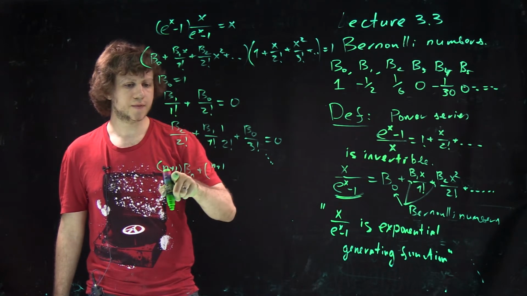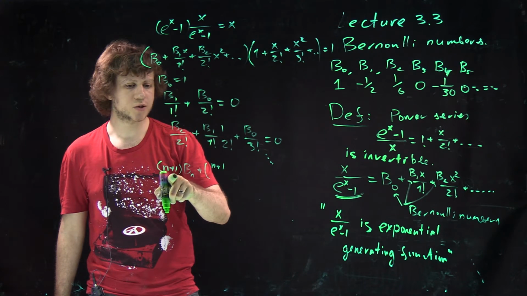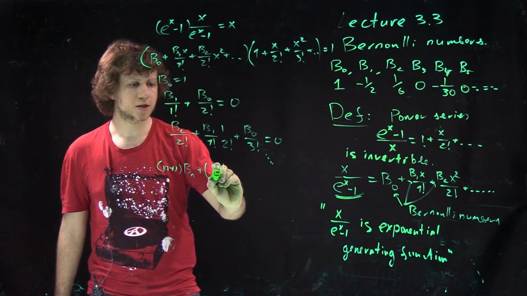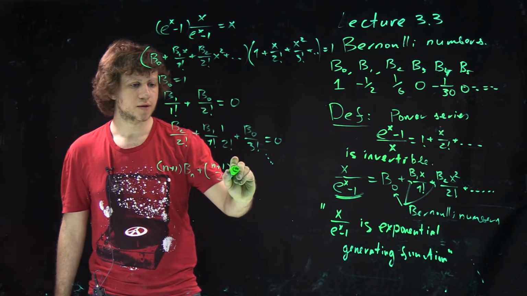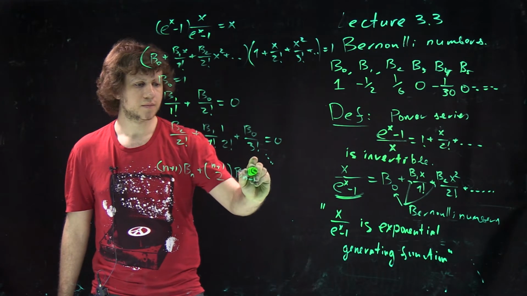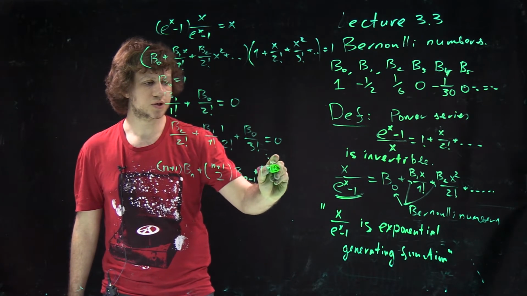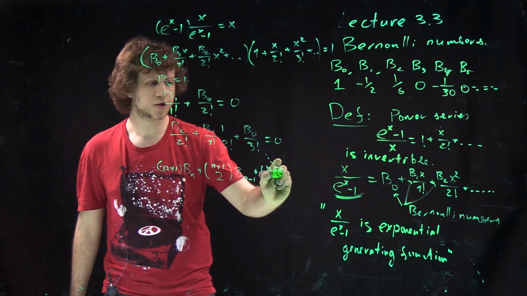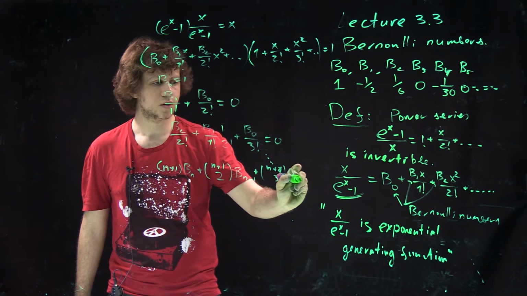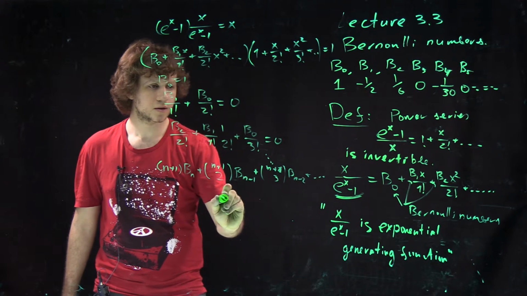So this is n plus 1 choose 1, n plus 1 choose 2, bn minus 1, plus n plus 1 choose 3, bn minus 2, and so on.